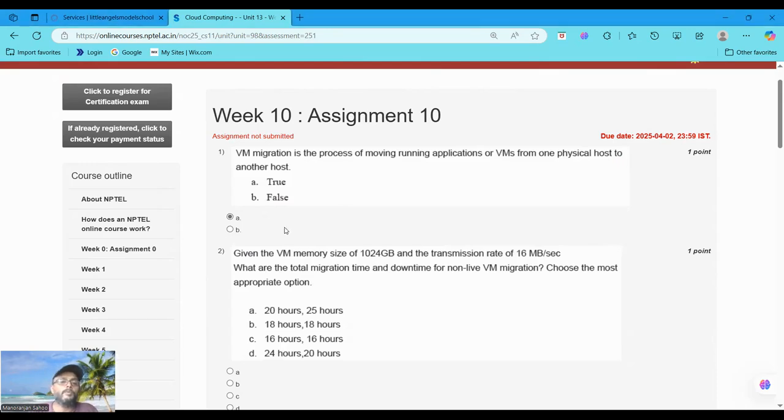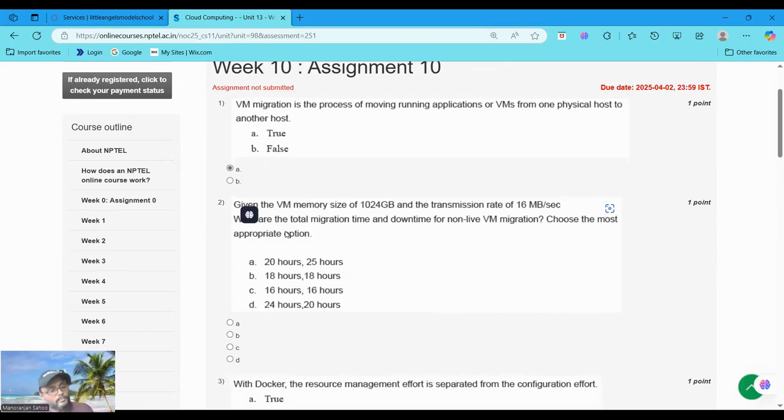Now moving to question number 2. The question is: given the virtual machine memory size 1024 gigabytes and the transmission rate is 16 MB per second, what are the total migration time and the downtime for non-live virtual machine migration? Choose the most appropriate option.